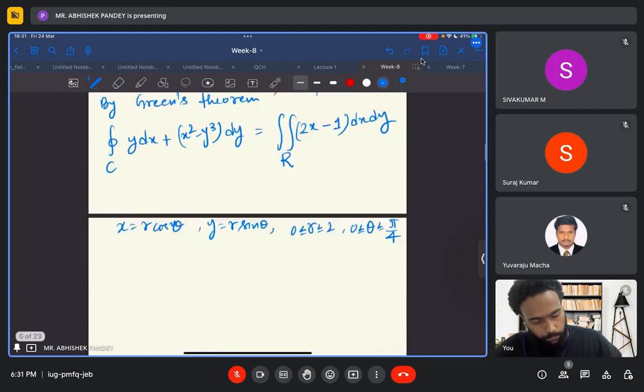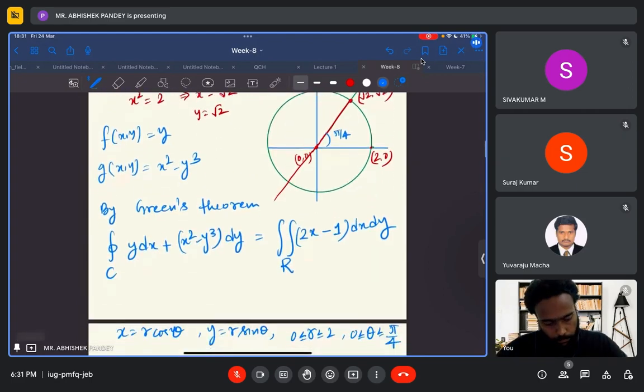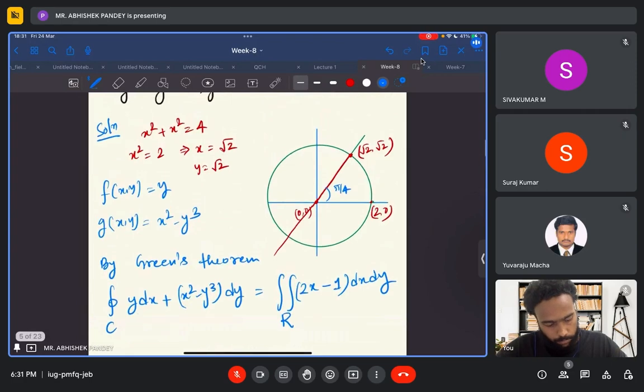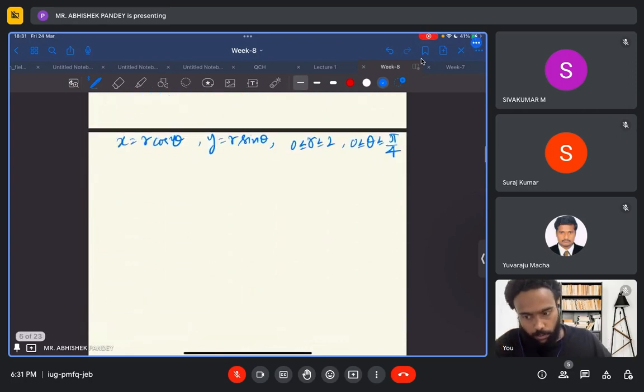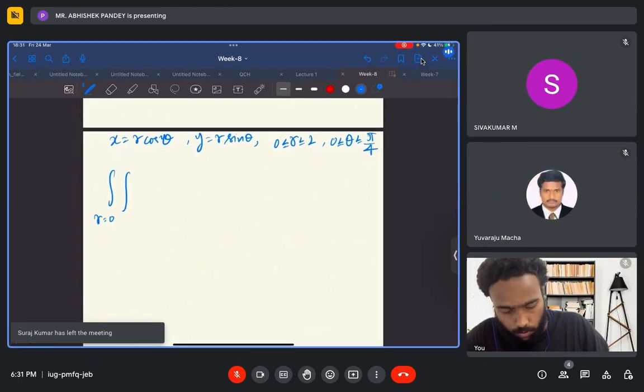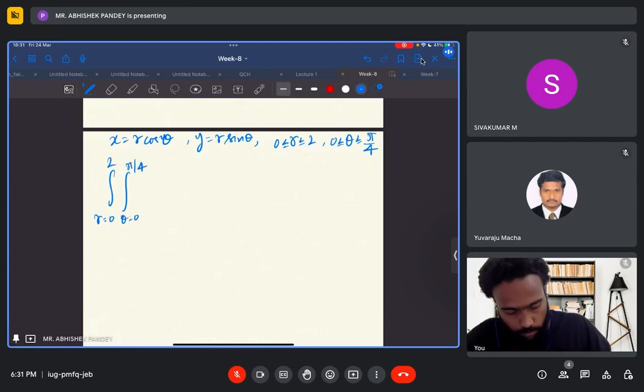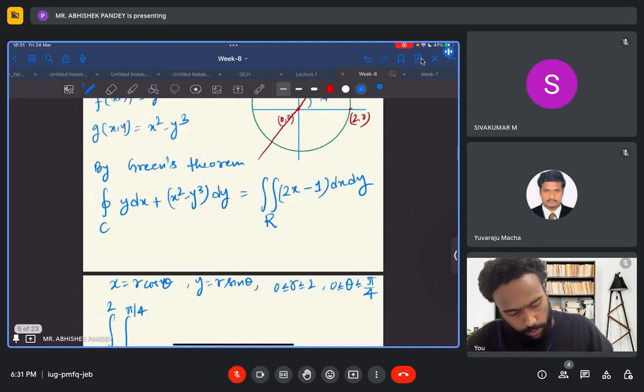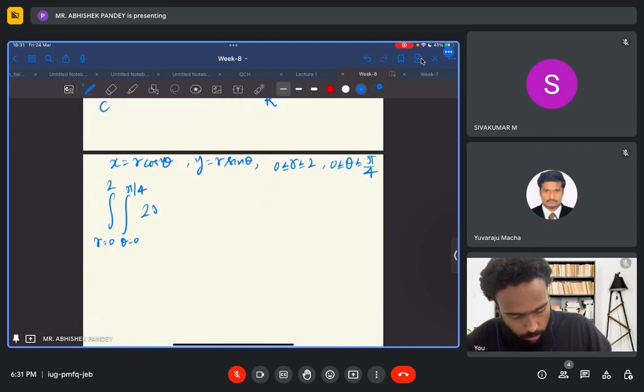So the integral will be r equals 0 to 2, theta from 0 to pi by 4, and this will be 2x minus 1, so x equals r cos theta, giving 2r cos theta minus 1, r d theta dr, and this will be 1 by 6.